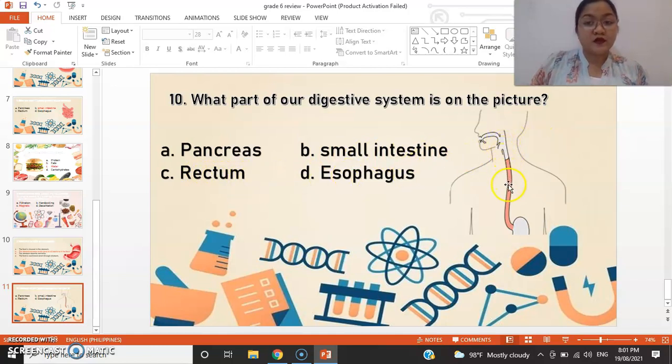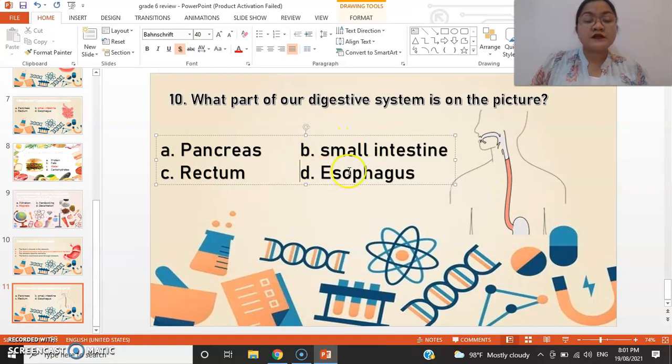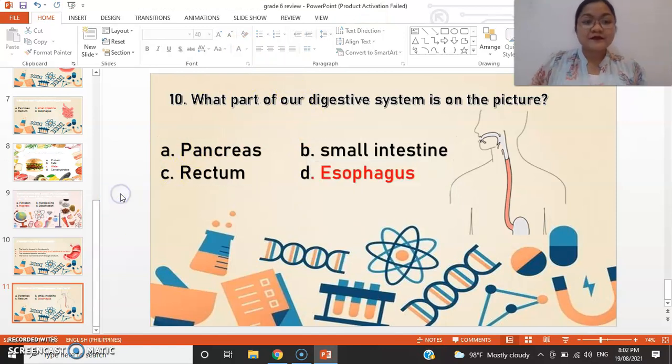So what do you call this part of your digestive system? 5, 4, 3, 2, 1. The correct answer is letter D. That is your esophagus.